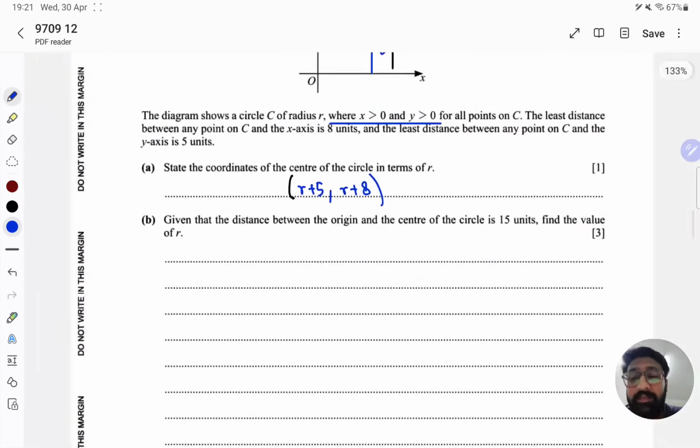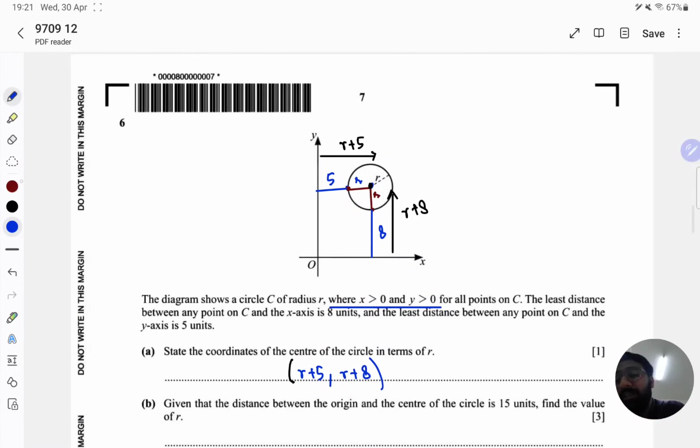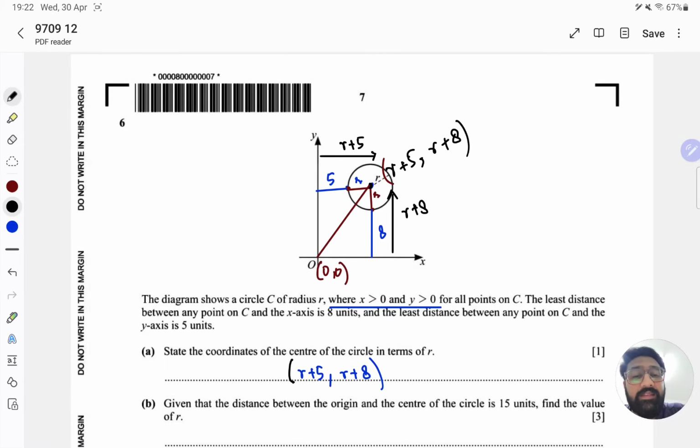Okay, the next part says given that the distance between the origin and the center of the circle is 15. So what he is trying to say is that if you draw a straight line from the origin, which is 0, 0, to the center, whose coordinates we already know in terms of r as r plus 5 and r plus 8, the distance between these 2 points is 15.